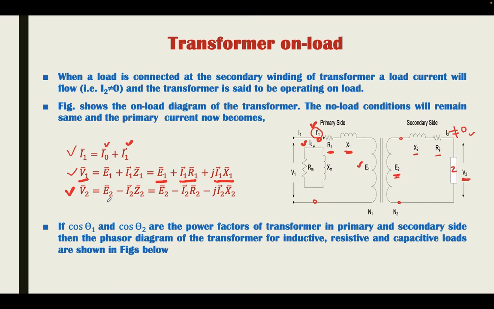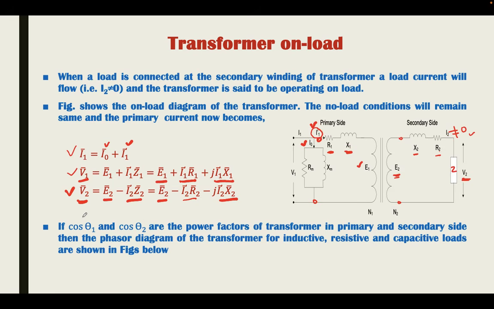Similarly, in this equation, E2 minus I2 R2 minus I2 X2, the phasor sum of these quantities, we can easily calculate V2. This is the significance of these parameters when the transformer is subjected to some load and I2 is not equal to 0.